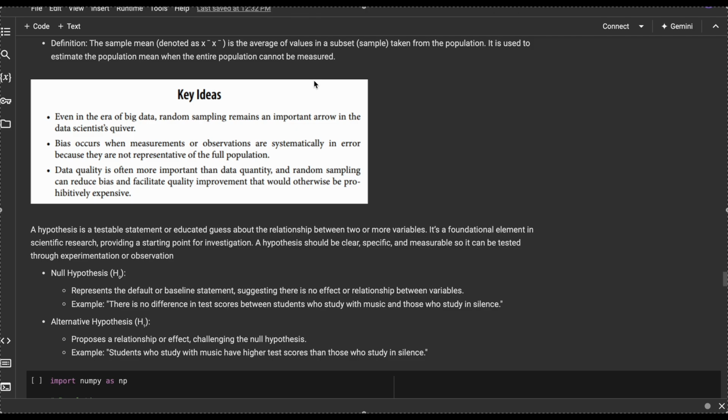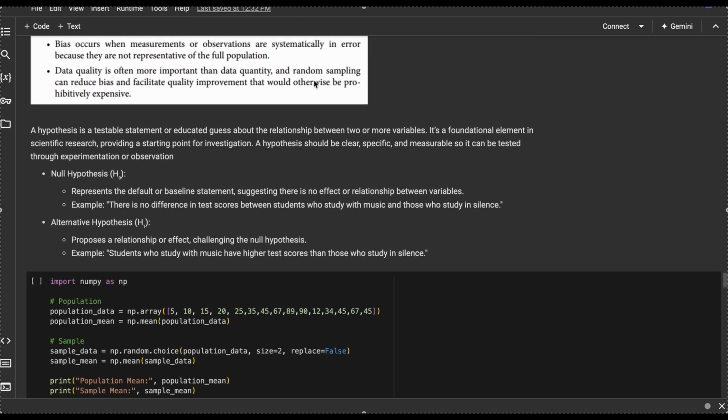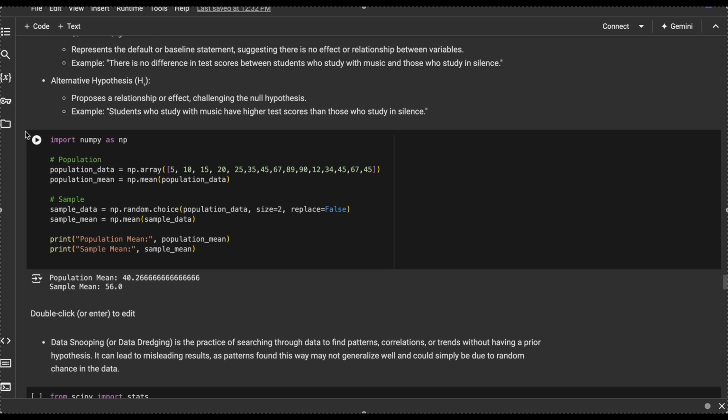It refers to the position that there is no effect or no difference. In hypothesis testing, we use statistical evidence, strong evidence, to prove whether the model is working or not, using the null hypothesis or alternate hypothesis, to convey to your supervisor or a statistician whether the model is working or not. This is a population mean and sample mean example.